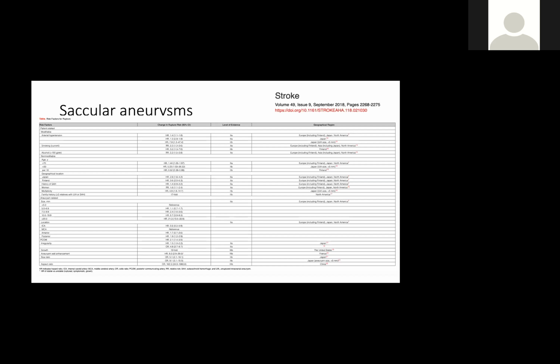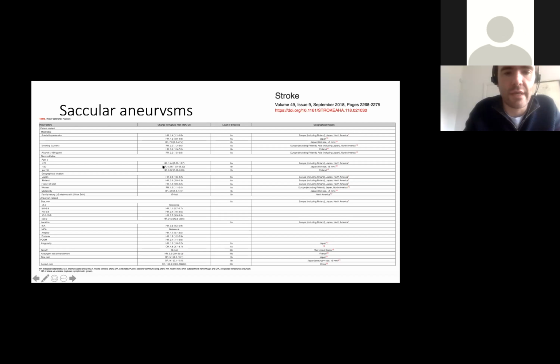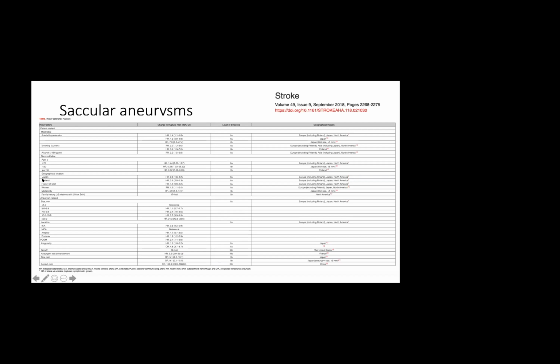If they're younger with the aneurysm, they've got a higher risk of rupture, and that's simply because they've got longer to live with it, so the cumulative risk of rupture over their lifetime is increased. Geographical location: the Finnish are well known to have very high incidences of subarachnoid hemorrhage, and also Japan as well. It's more common in Finnish people than in Western populations.